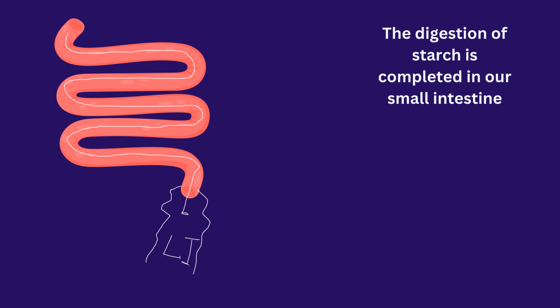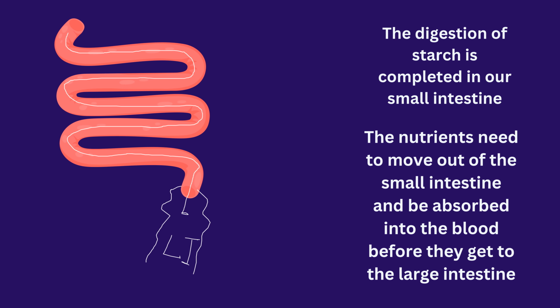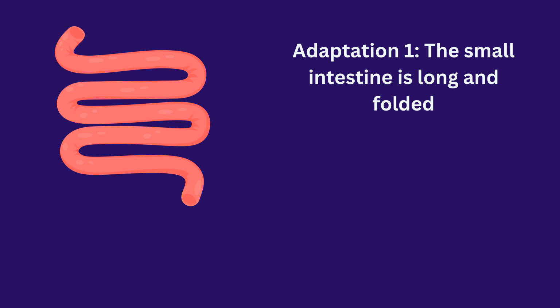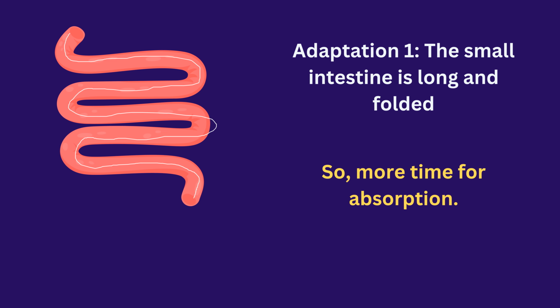All right, so what we're going to be looking at is how the small intestine is adapted to get the nutrients out into the blood before the nutrients get to your large intestine. The first adaptation is that the small intestine is long and folded. In some books, it will say the small intestine is about 5 meters long, and that allows for more time for absorption of nutrients.